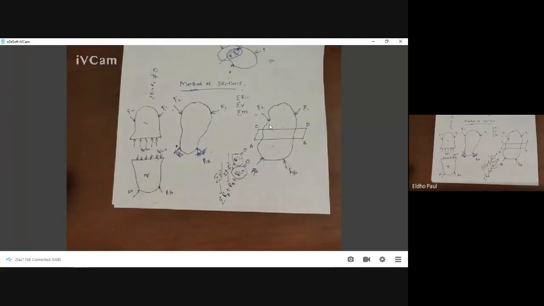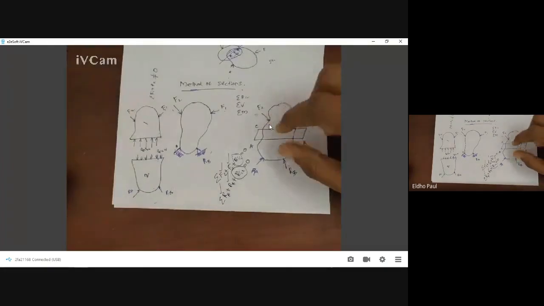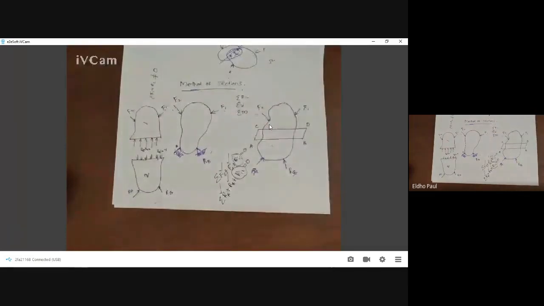Now I will read the definition of the method of sections. To determine the internal force, an arbitrary section ABCD is assumed to pass through the body, which completely separates the body into two parts. This process is called the method of sections. So just by dividing this body into two parts is the method of sections.